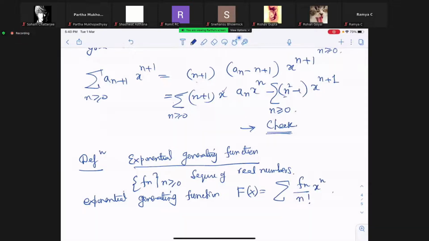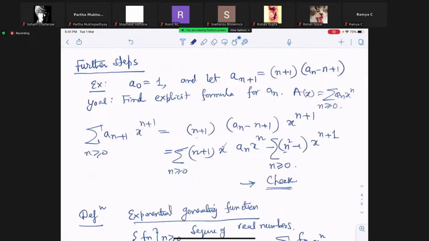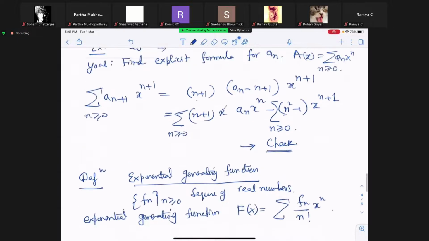This is called the exponential generating function for the sequence f_n. And now, if you attack this problem, your life will be very simple. In fact, if you go the differential equation route also, you will see that something similar is coming out, but you cannot solve it easily and get a handle on it, at least by a simple technique. I don't know if there is any advanced method to solve these differential equations.